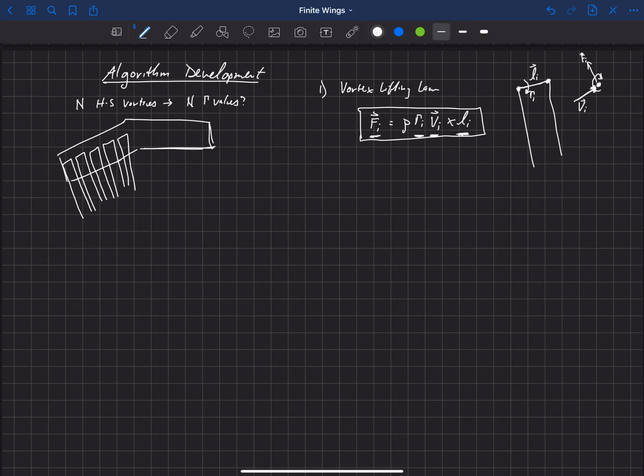And so the second piece of information we have is actually about that lift. If we were to slice up this wing and look at that horseshoe vortex, it would be representing basically the aerodynamics of a cross-section of this wing that has some airfoil geometry.